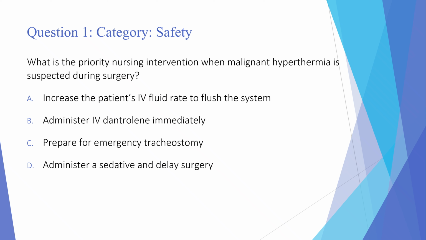Increase the patient's IV fluid rate to flush the system. Administer IV dantrolene immediately. Prepare for emergency tracheostomy. Administer a sedative and delay surgery. So what is the correct answer? I think you are even faster. I talk so slow. Administer the IV dantrolene immediately. I think they talked about that in the case study.